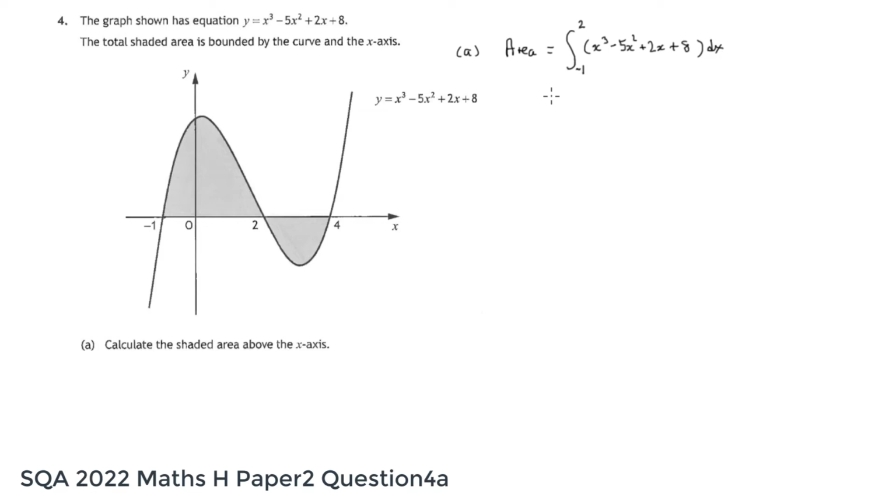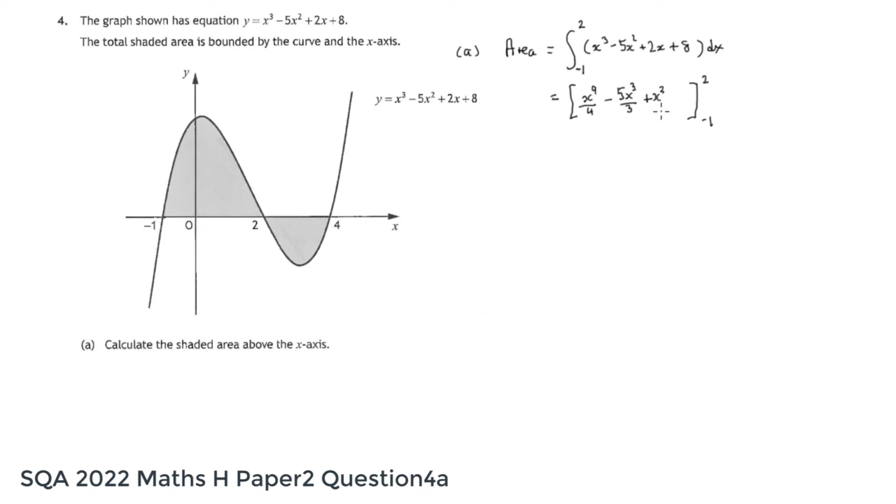So let's first of all integrate this, and remember we put square brackets down, which in effect tells us that we're about to plug in values. So let's do the integration. Remember, it's increase and divide, so x to the 4 divided by 4 minus 5x cubed over 3 plus, now 2x squared over 2, the 2's will cancel and we'll get x squared.